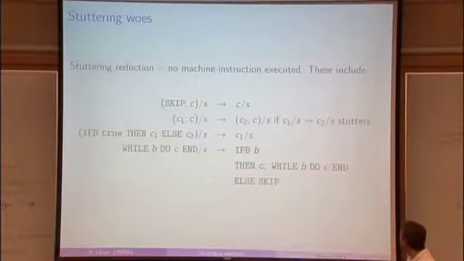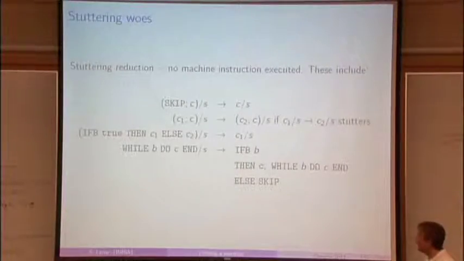And so here are the main ones, I think. Skip followed by C, reducing to C. As we saw earlier, these two commands have the same code. C1 followed by C, reducing to C2 followed by C, if this reduction stutters. If true then C1 else C2, because the compiler is so clever that it generated no instruction for the if true, and basically it just gives you the code for C1.